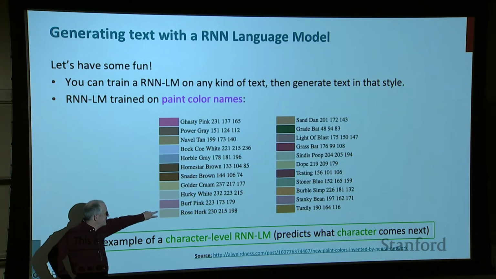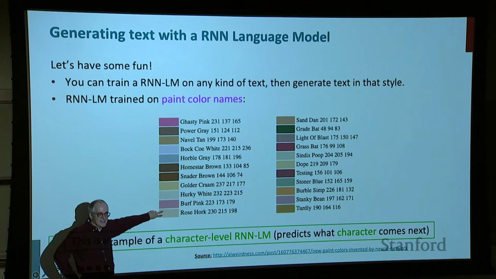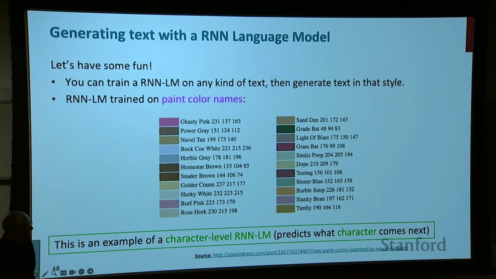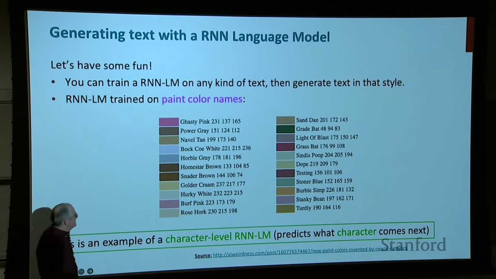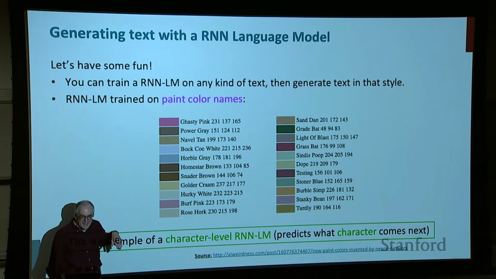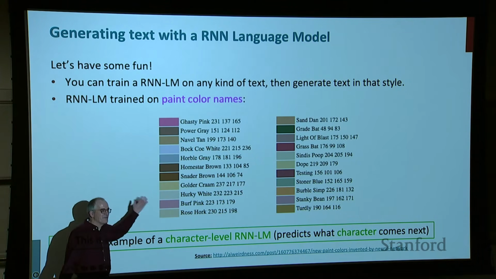In particular, I can initialize the hidden state with the RGB values of a color, and generate character at a time the name of paint colors. I can train a model based on a paint company's catalog of names of colors and their RGB values. And then I can give it different paint colors, and it'll come up with names for them. And it actually does an excellent job. This one worked really well.